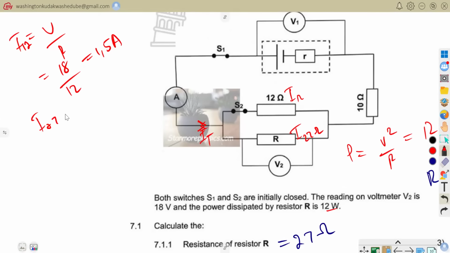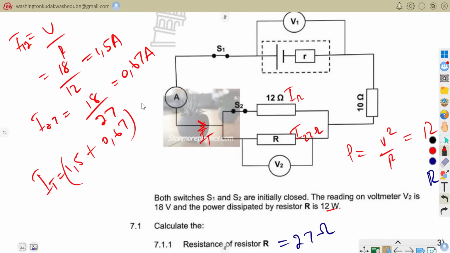Current in the 27 ohm would be equal to 18 over 27. That will give you 0.67 amps. If you add these, it will give you the total current, because in a parallel circuit the currents sum to give the total current there. So that is going to be 1.5 plus 0.67. So this total current was going to be equal to 2 point what?